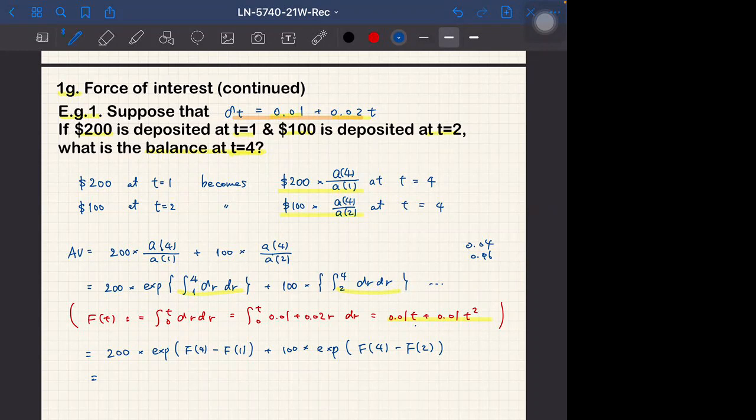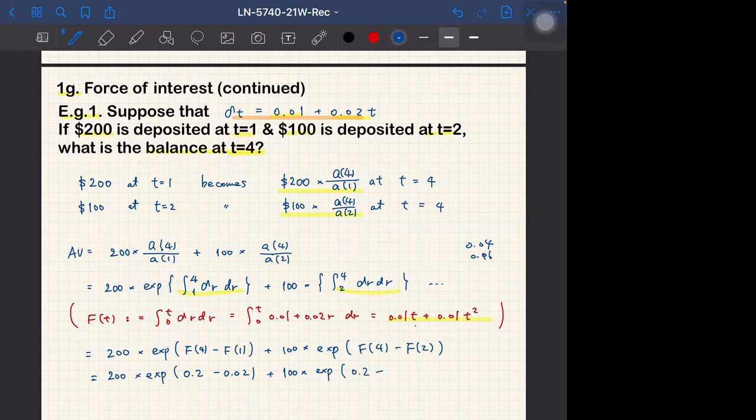This becomes 0.2. So 200 times the exponential of 0.2 minus, if you plug in 1, 0.02. So negative 0.02, plus 100 times the exponential of, again, 0.2.